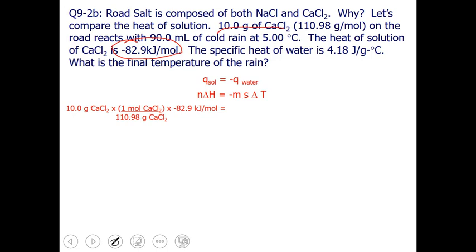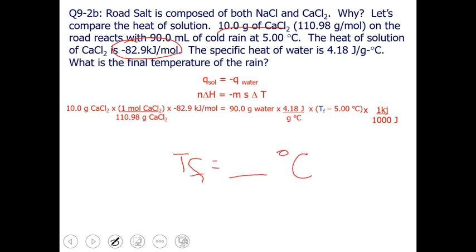That means calcium chloride releases heat when it dissolves. The water side stays the same as before, and of course make sure you convert it to units of kilojoules. So I'm pretty certain you can use the same process and solve for T final, and I trust you'll find that this value for calcium chloride is much higher than it is for sodium chloride.